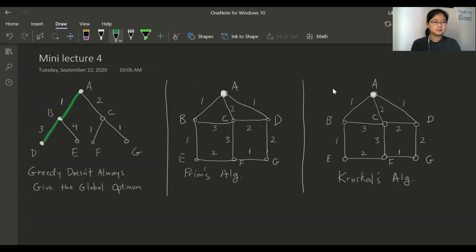However, it's still a really, really important idea for a couple reasons. One of them is that it's often really easy and really fast to implement a greedy algorithm because all the operations are at the local level, so you don't have to deal with global considerations.